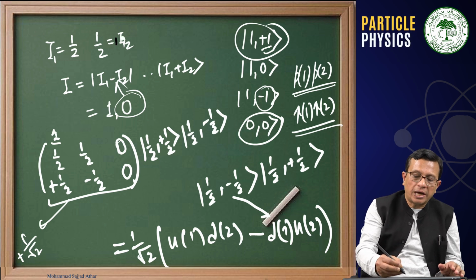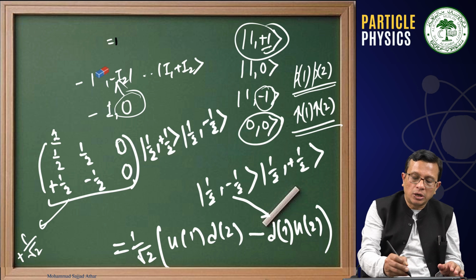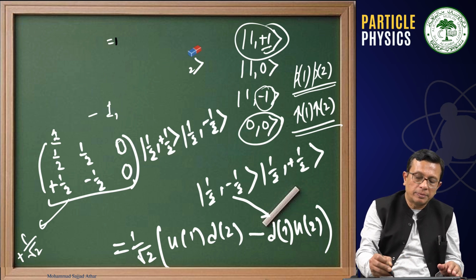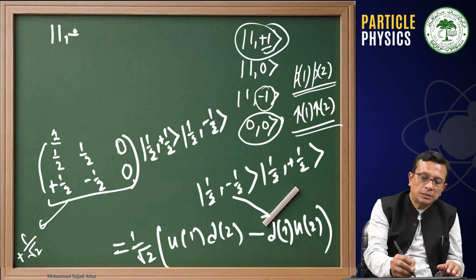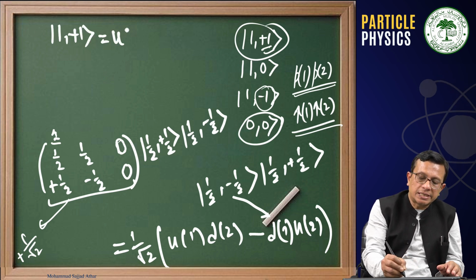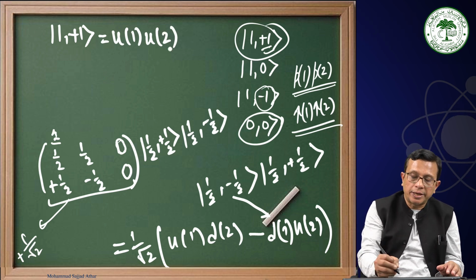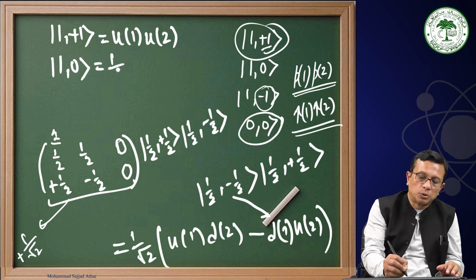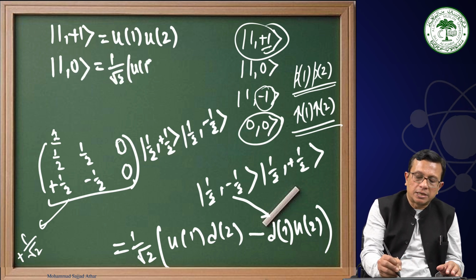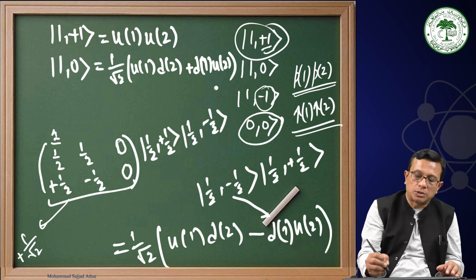the possibilities, and the only possibilities. We have the possibilities as, for 1 plus 1, a U quark in state 1 as well as a U quark in state 2; for 1 0, 1 by root 2, U quark in state 1, D quark in state 2, plus D quark in state 1 and U quark in state 2.